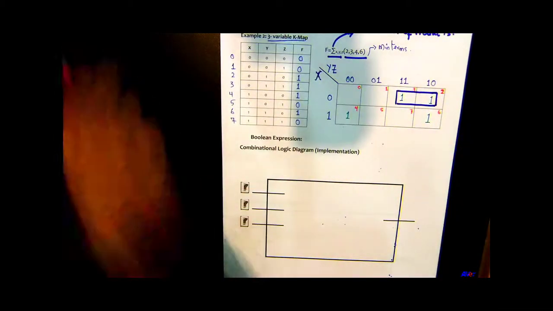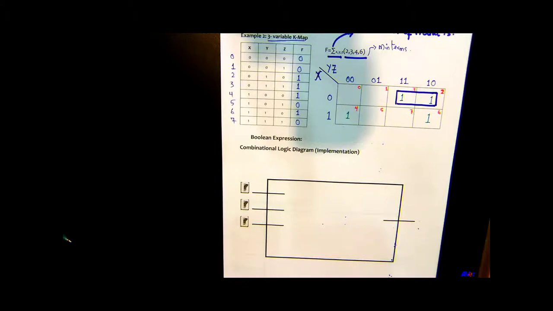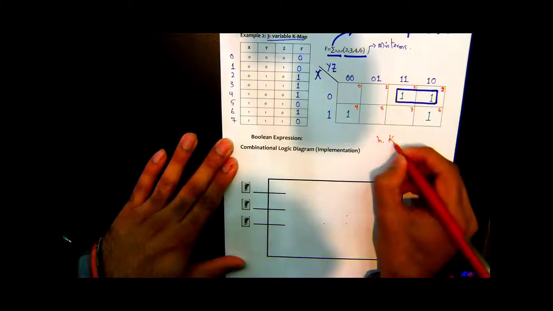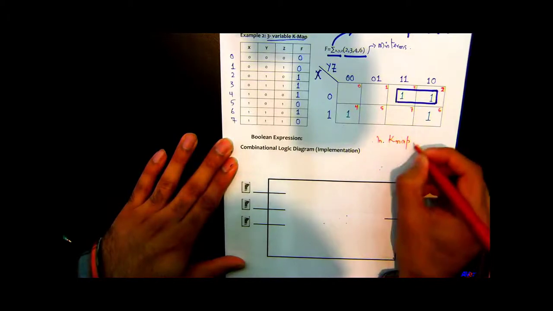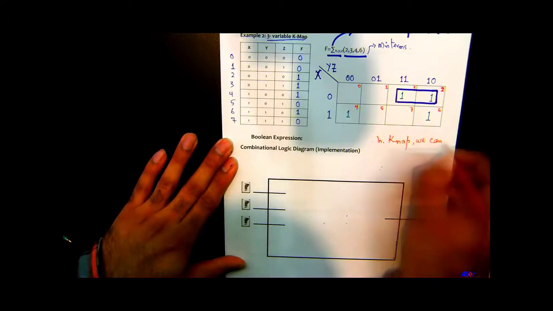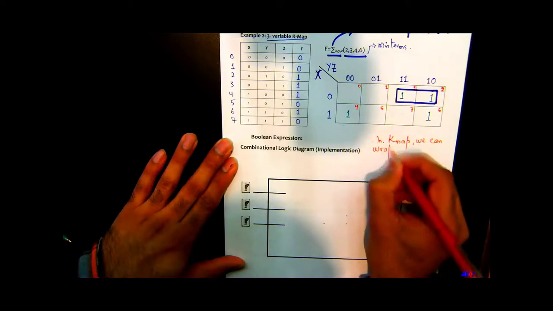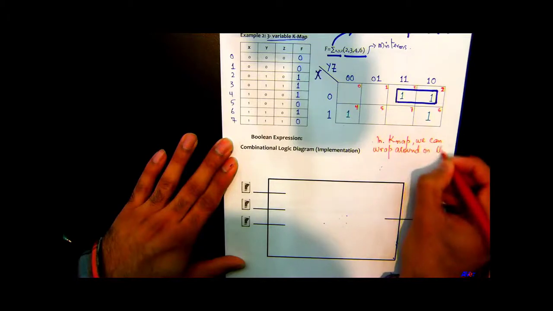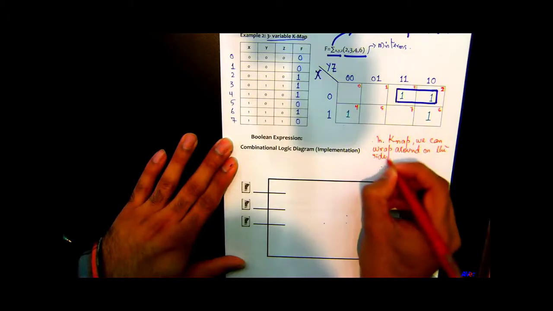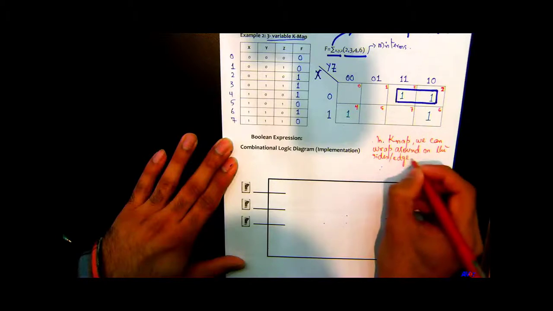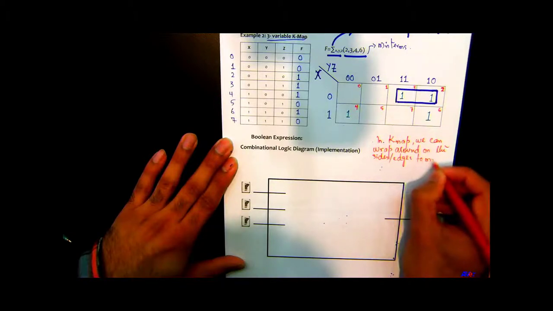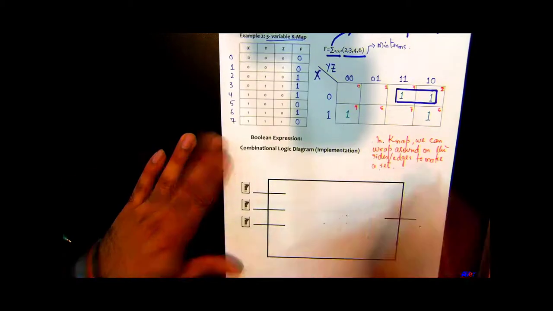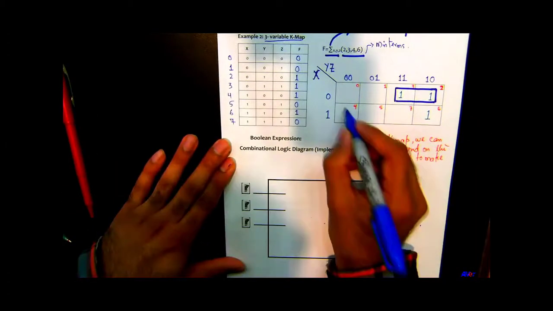Also, there's one thing in the K-map: we can wrap around on the sides or edges to make a set. For example, we can make 6 and 4 like this.